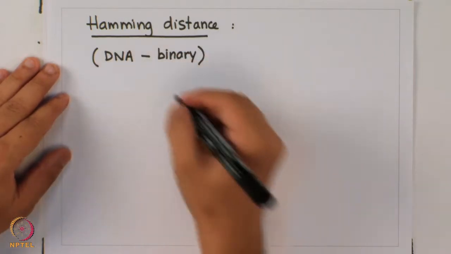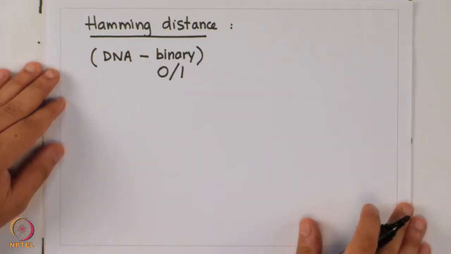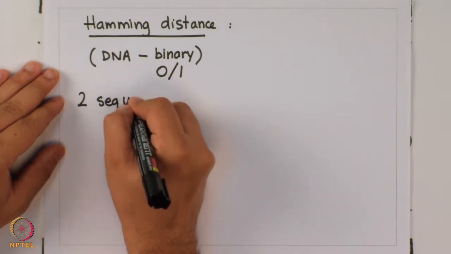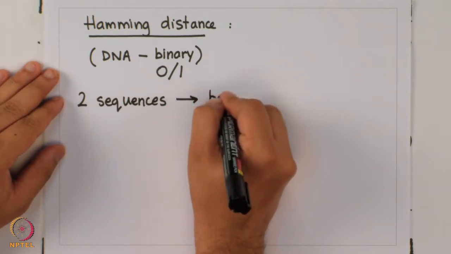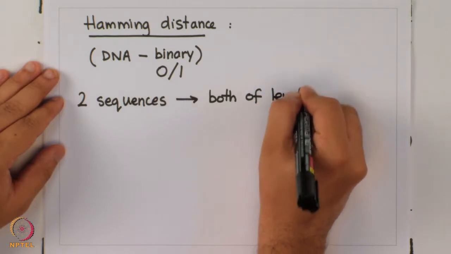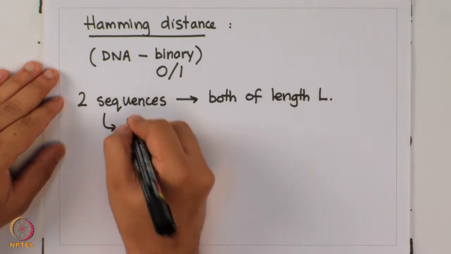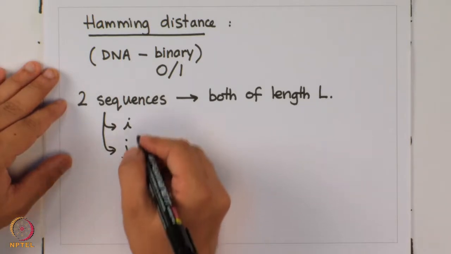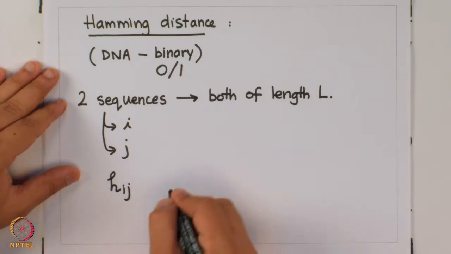So, DNA is just a sequence of zeros and ones, and if we have two sequences both of length L, let us call them sequence I and sequence J. The Hamming distance between these two sequences is represented by a variable called Hij.